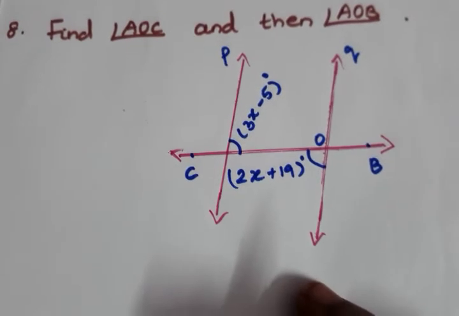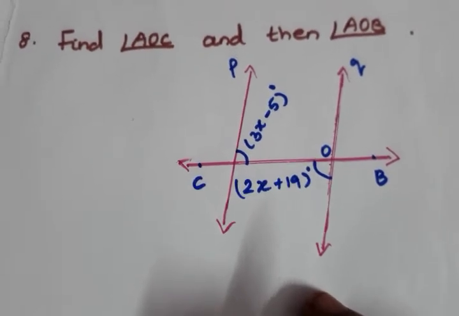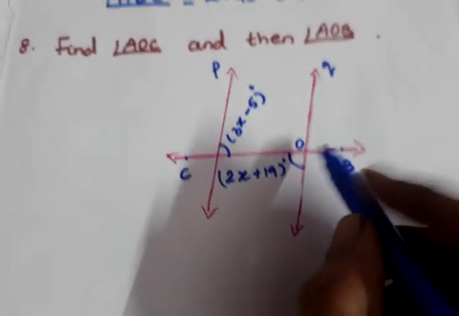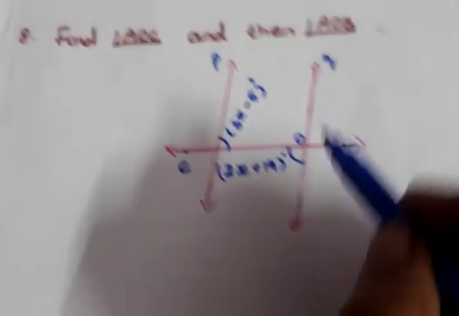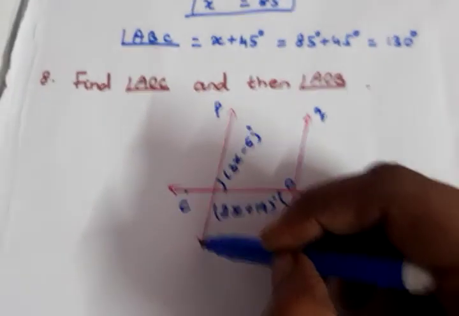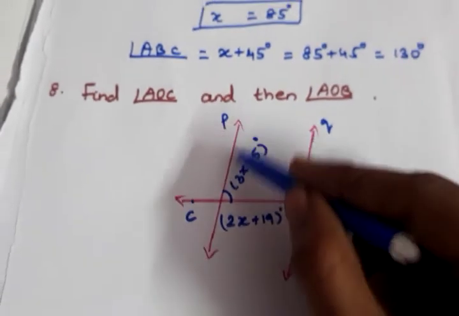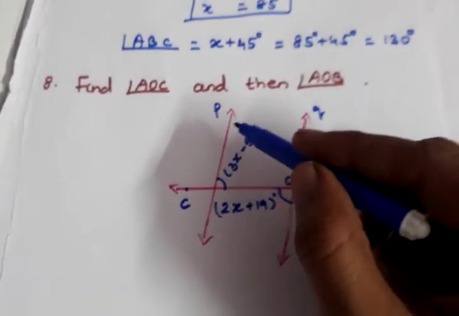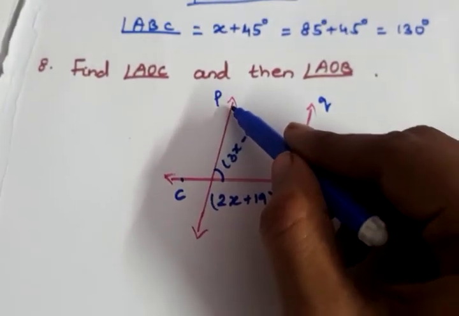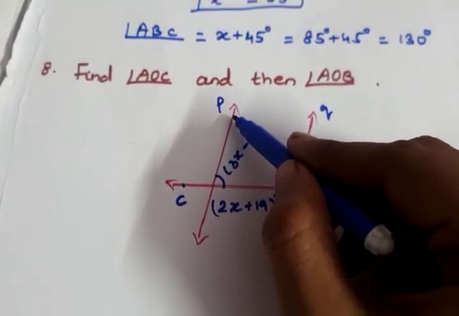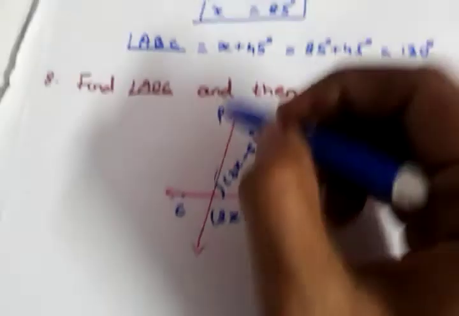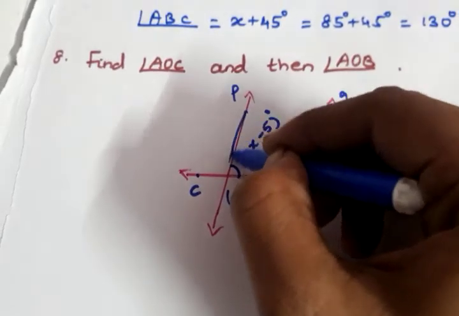Eighth sum: find angle AOC and angle AOB. This side and this side are equal. The first one is an F-shape angle, and the second one is a Z-shape angle. See the sketch I draw.